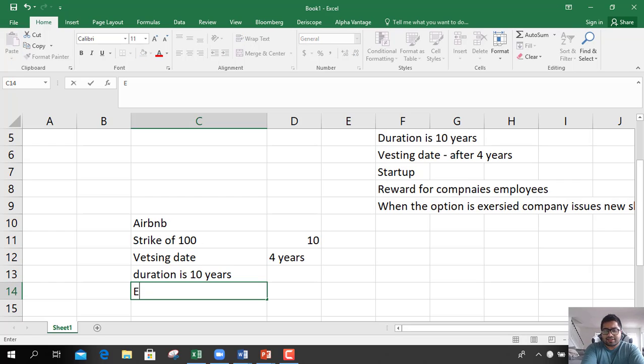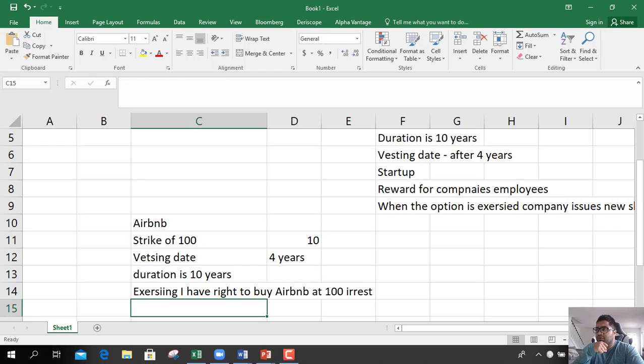So what is exercising? Exercising means that I have a right to buy Airbnb at $100 irrespective of market price. Now, why does Airbnb give these options?